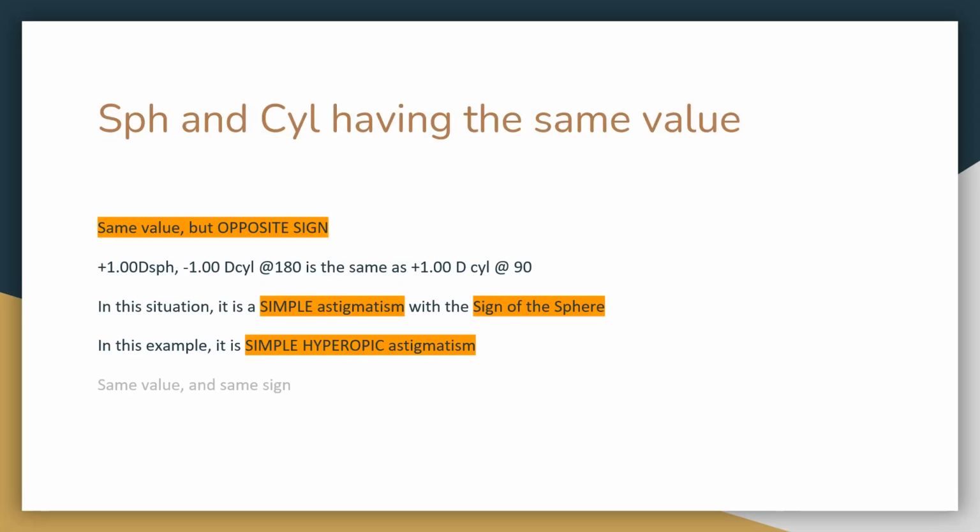When the sphere and cylinder are of the same value but of opposite signs, then when you transpose it, as in the case of this example, plus 1 diopter sphere minus 1 diopter cylinder at 180 is the same as plus 1 diopter cylinder at 90. We now know it is a simple astigmatism in the sign of the sphere. Here it is a simple hyperopic astigmatism.